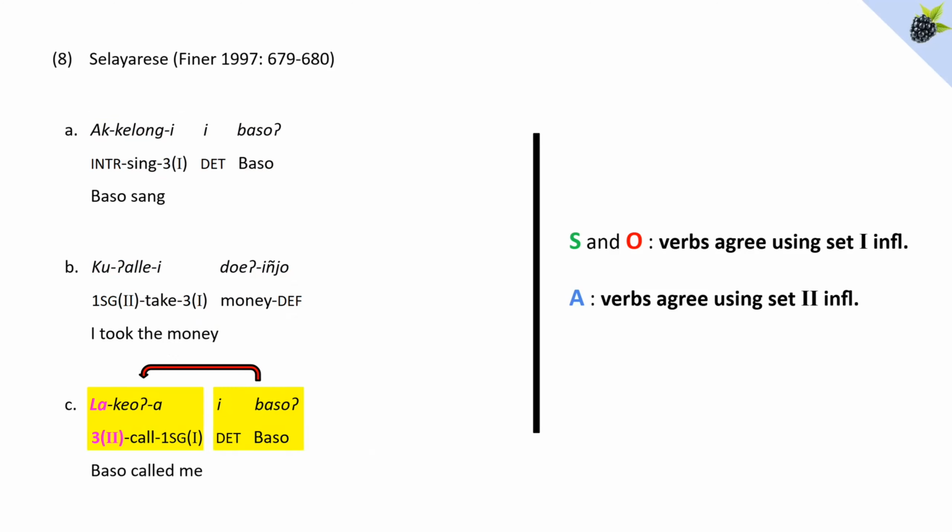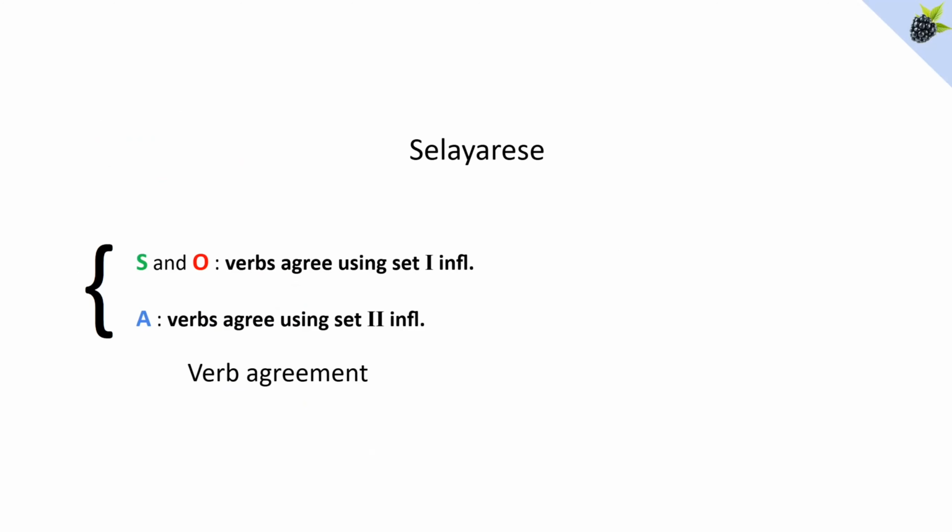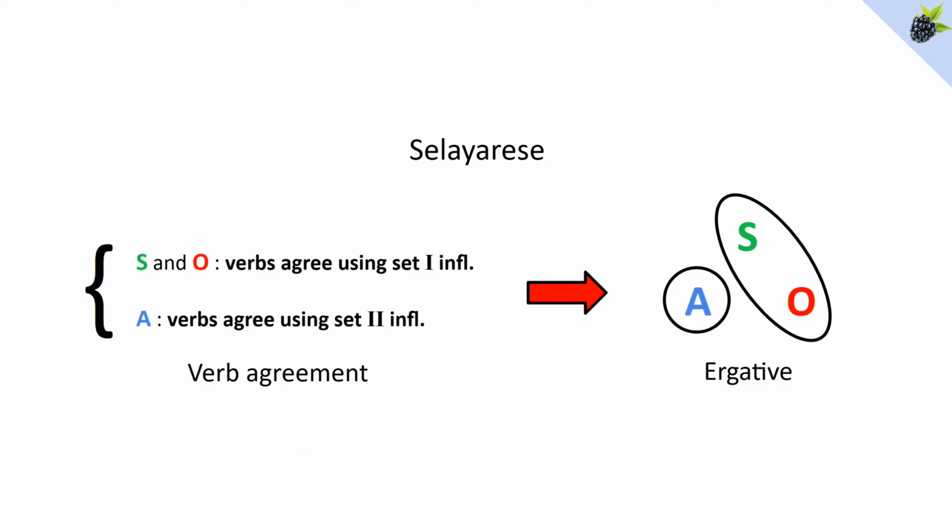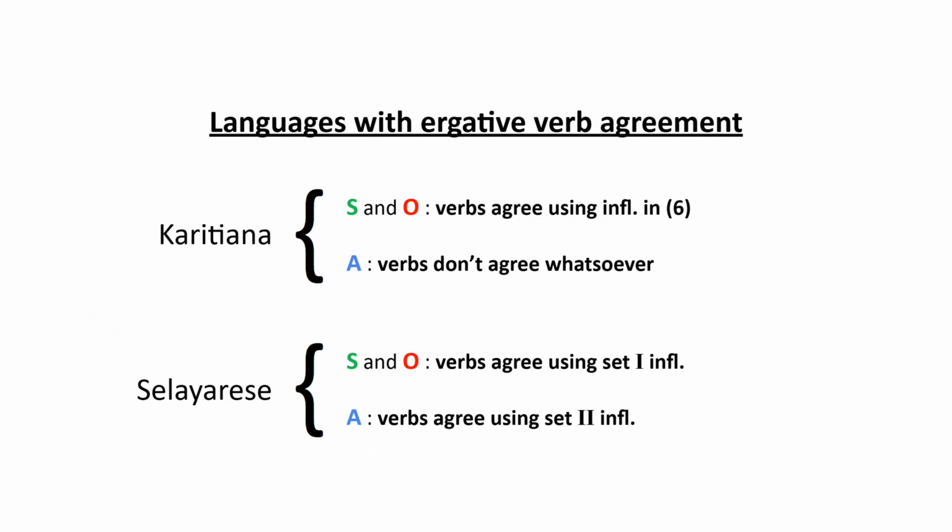In 8c, for example, the verb takes the set 2 inflection la to agree with its third person A argument, Baso. So in Selayarese, S and O arguments behave similarly with respect to verb agreement, while A arguments behave differently. Accordingly, Selayarese exhibits ergative alignment with respect to verb agreement, just like Karitiana. The information I've presented in this section can be summarized as follows.